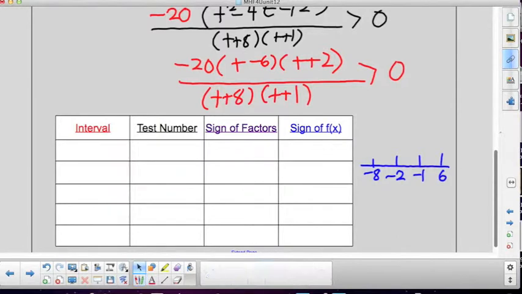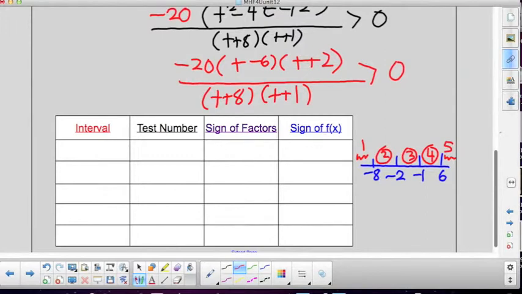So you have to remember that this is going to be one interval, this is going to be your second interval, this will be your third interval, this will be your fourth interval, and then you have a final fifth interval. 5 different intervals.